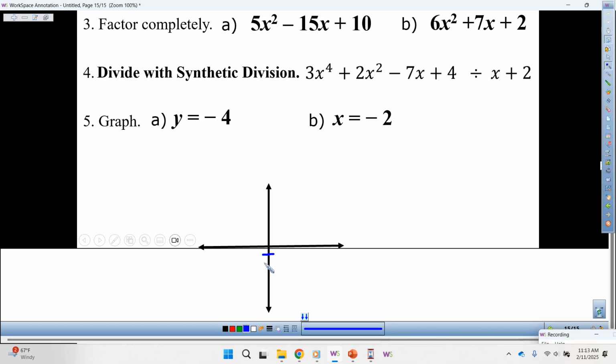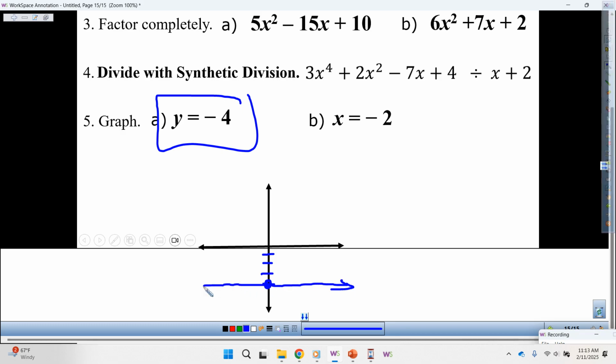Let's see. 1, 2, 3, 4. Negative 4. Straight line going through negative 4. There it is. So then how about this one? X equals negative 2. So go to negative 2. 1, 2. A line straight up and down, negative 2.